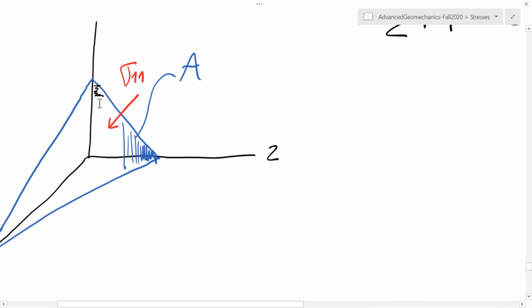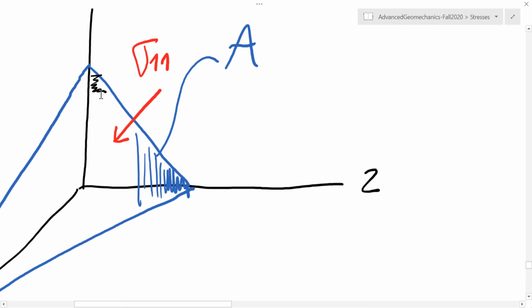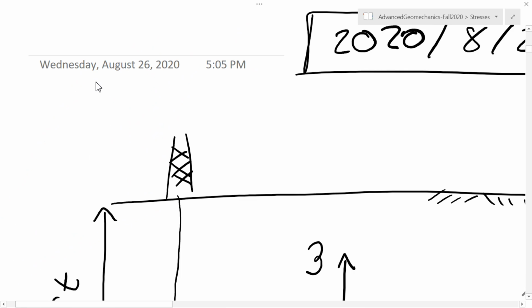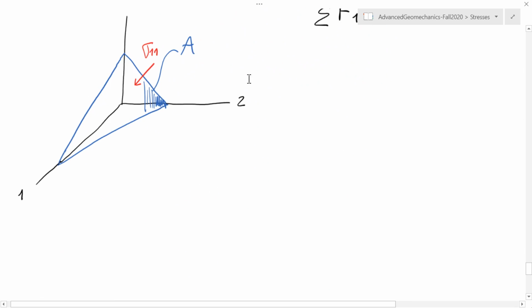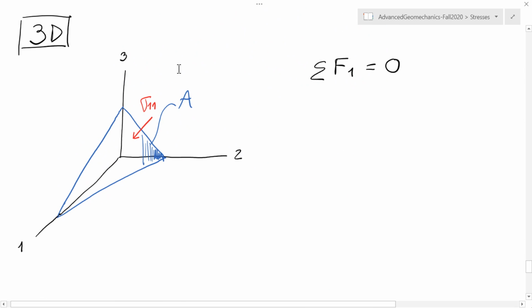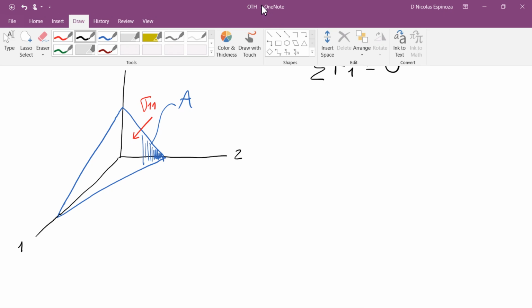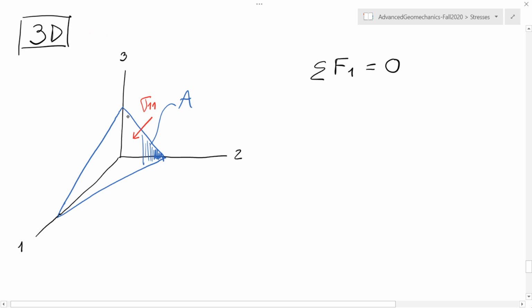Sigma 1,1 is applied on the back surface, which is on the side that we cannot see. And this one is called A1 because it is perpendicular to direction 1.